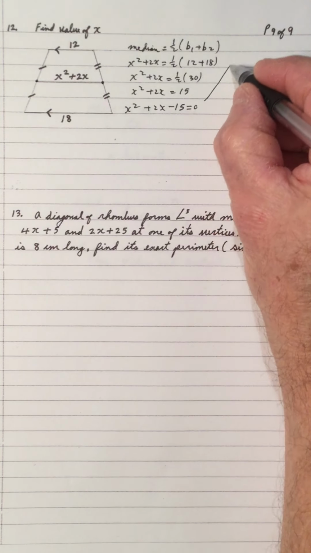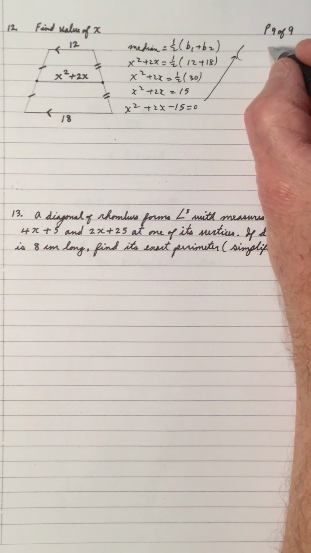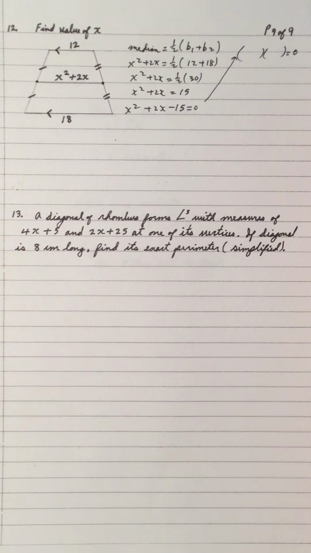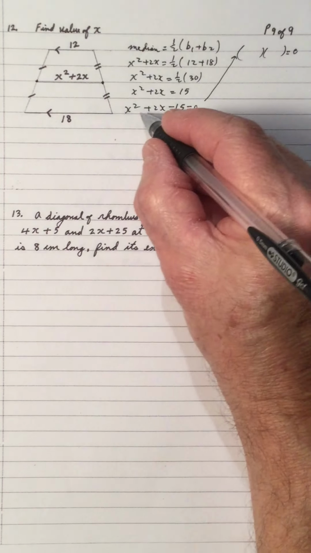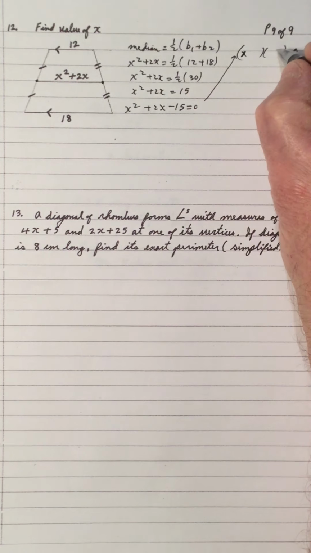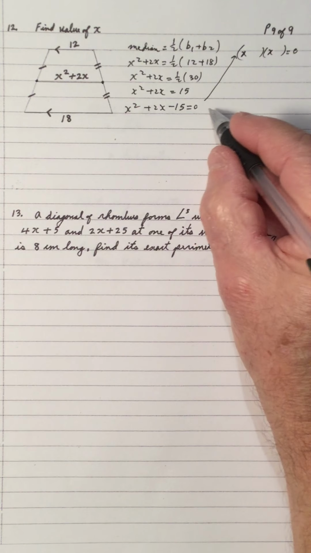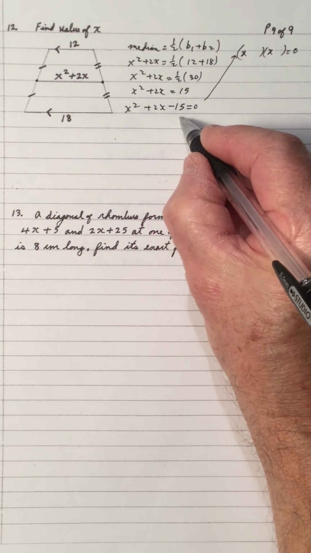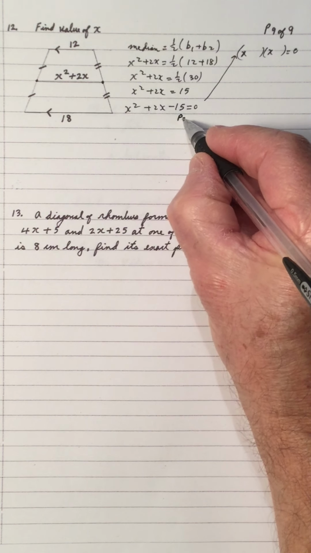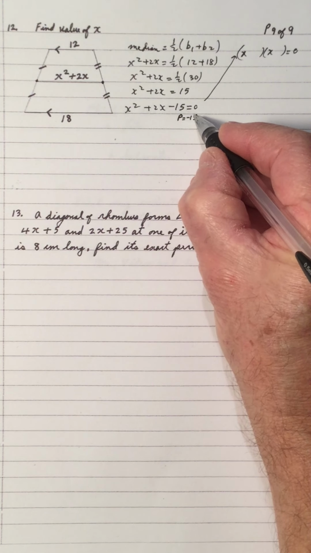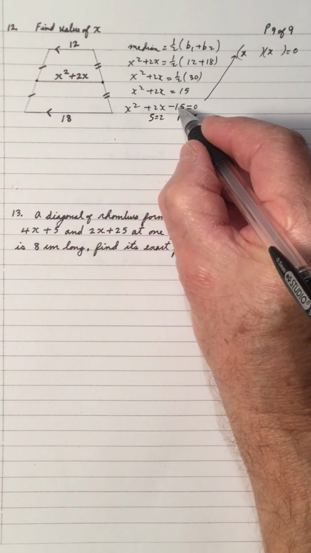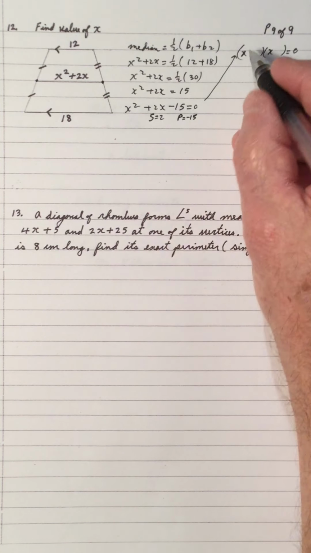So we're factoring it equal to 0. This x squared is x and x. Notice we have a 15, so the product is negative 15, and the sum is 2.